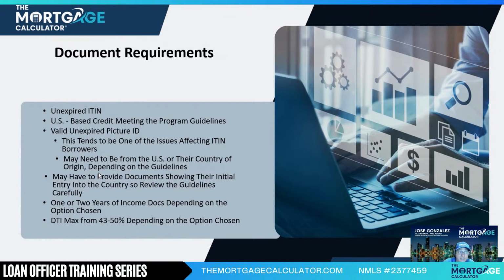Now, in some cases, with some guidelines, the ITIN borrower may have to provide documents showing their initial entry into the country. So please carefully review the guidelines to ensure that you're not all of a sudden being asked for an I-94 entry card into the U.S. that was stamped originally by immigration when you got in here, and they may not have whatever necessary documents showing legal entry into the country at some point.